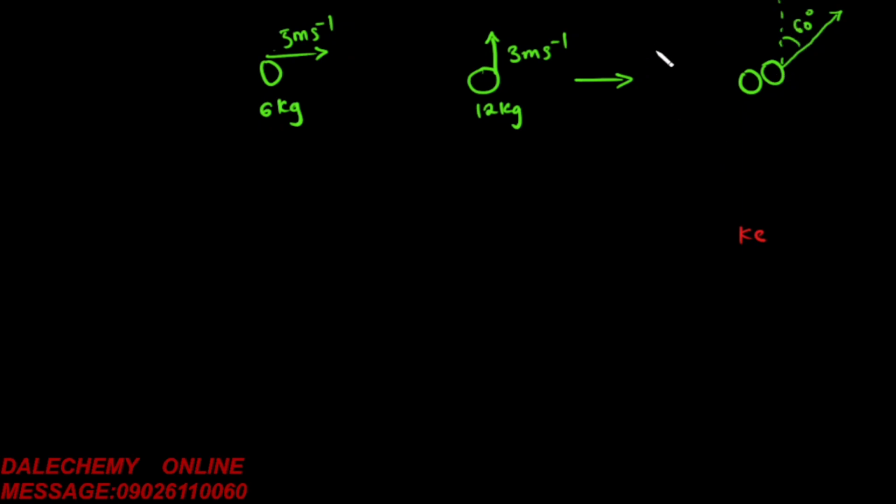Then from there you can get the value in this direction, which is going to be v square equals the velocity you get in vertical square plus the velocity you get in horizontal square as well. So that's how you can get your velocity.